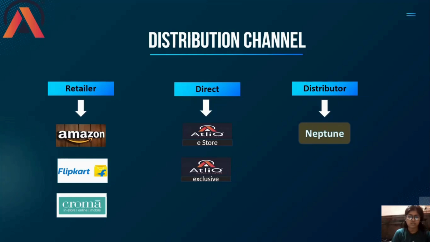It has also its own stores like AtliQ eStore and AtliQ Exclusive. And the third distribution channel is the distributor. So in countries like China and North Korea, due to several government restrictions and other business reasons, the company cannot directly sell to the customer. So instead they sell to large distributors like Neptune.